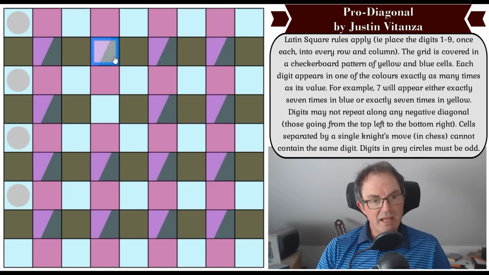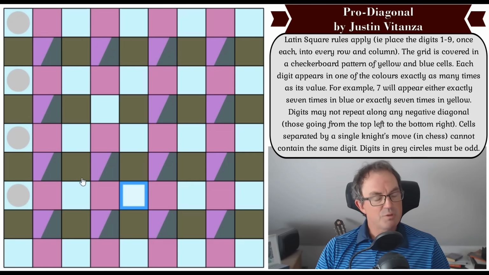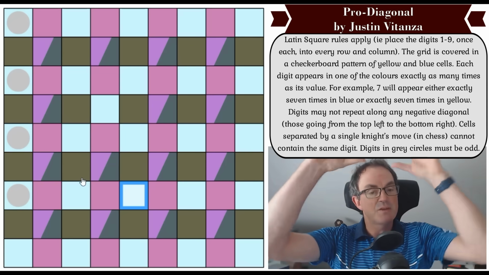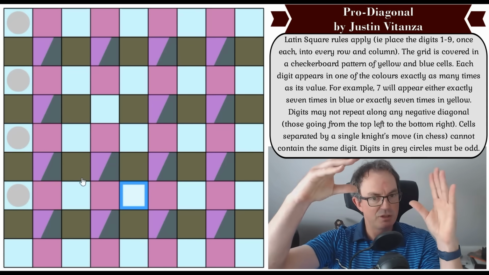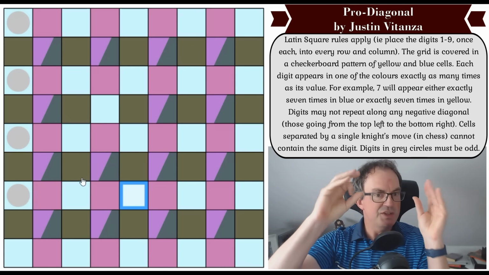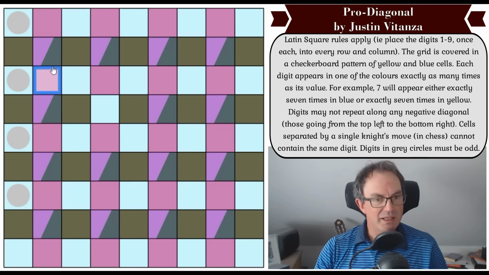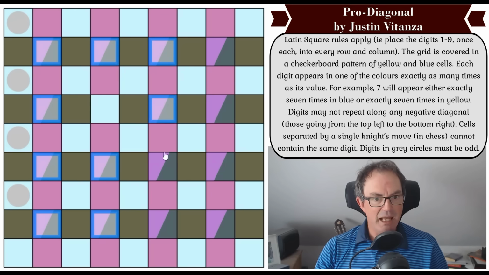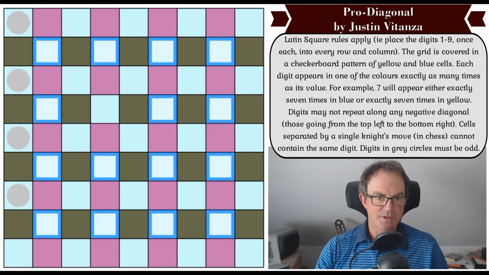And we can do that for any cell that appears in both black and purple, because at the start of this exercise we had the same collection of digits in purple and black, and all I'm doing is removing cells that appear in both. And if I do that, look, what happens?